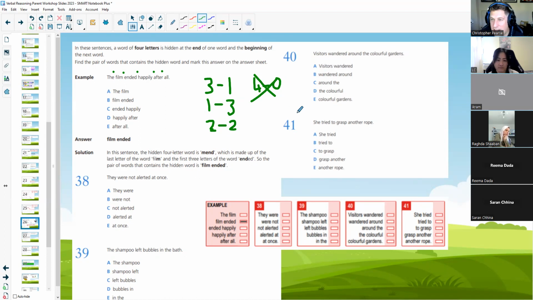We're not looking for a word on its own. We're looking for a word that comes between the gaps. And as someone within the chat has rightly pointed out to us very quickly, mend is a hidden 4-letter word. So we take the M from film and then END from ended. Now, that is 1 letter and then 3 letters.